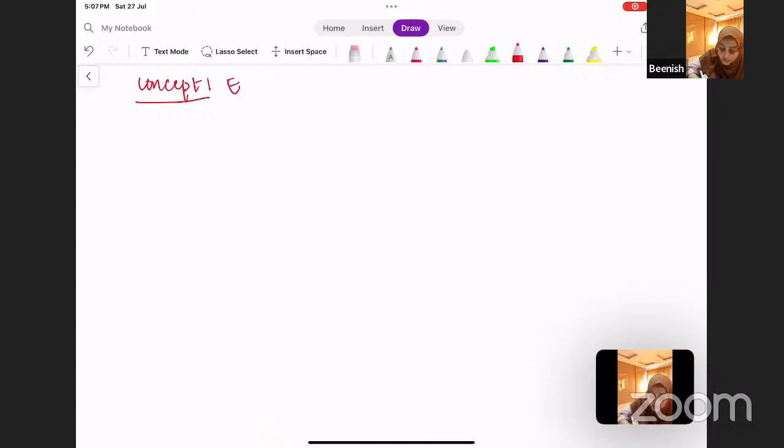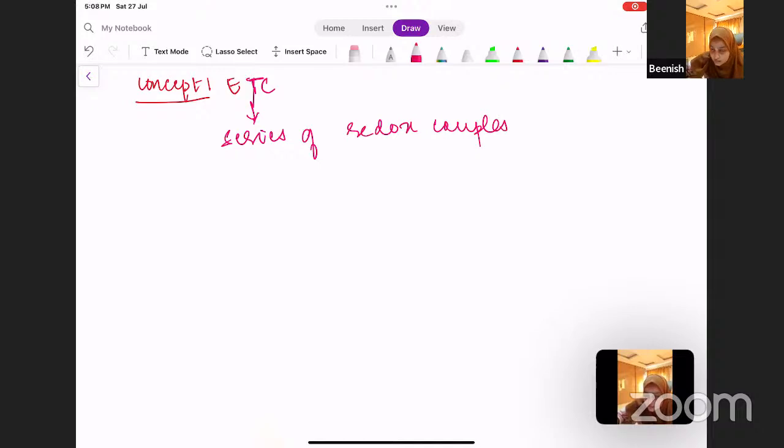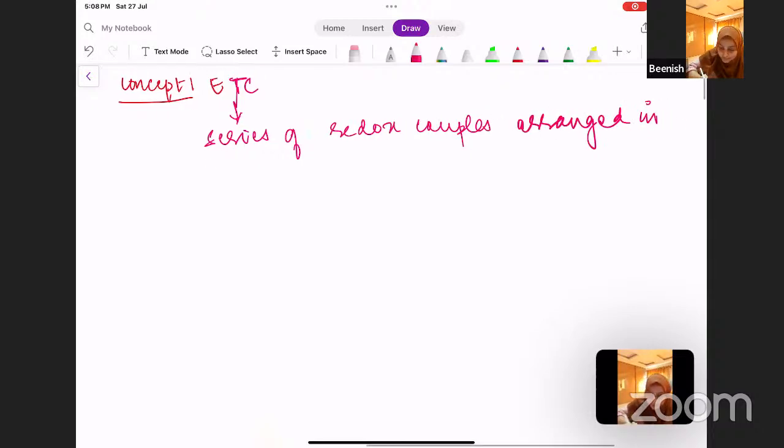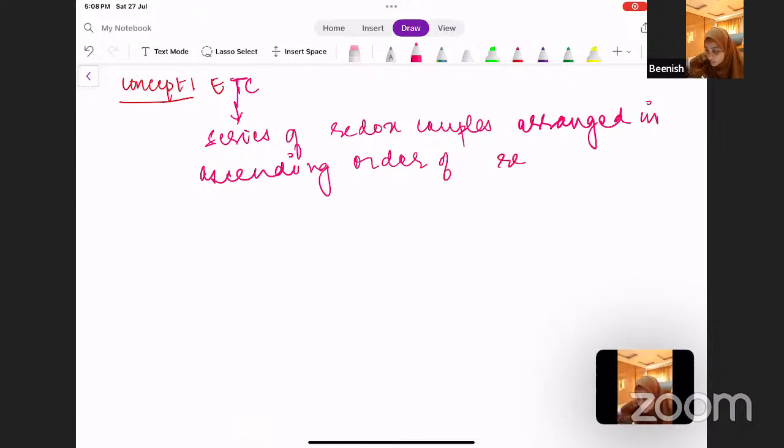Your electron transport chain is a series of redox couples arranged in ascending order of redox potential.